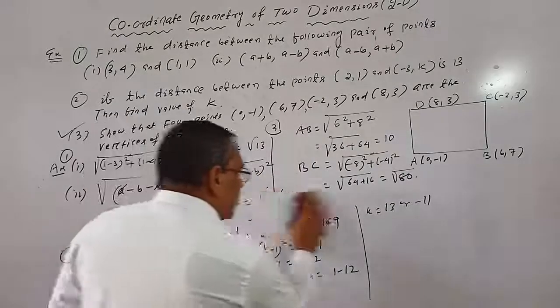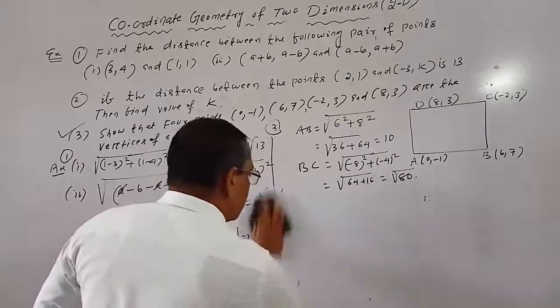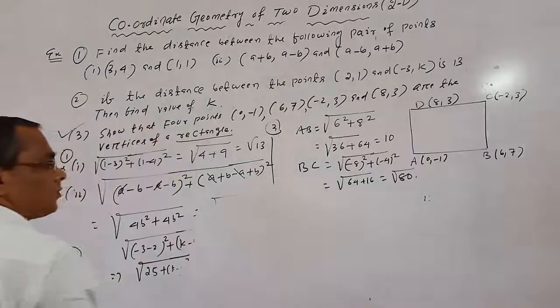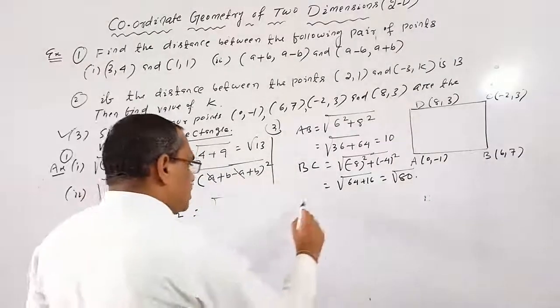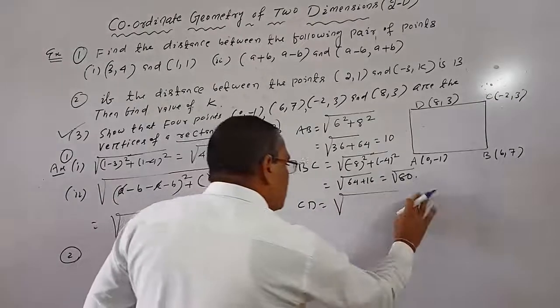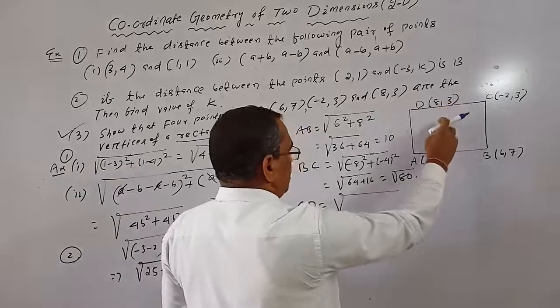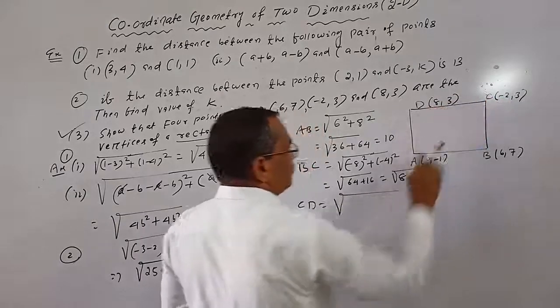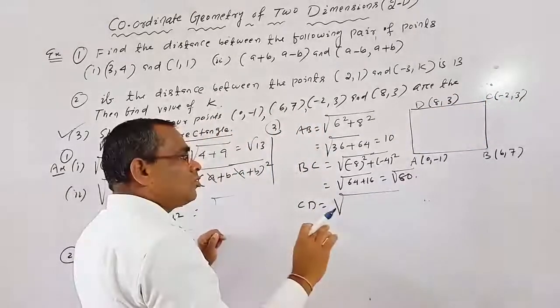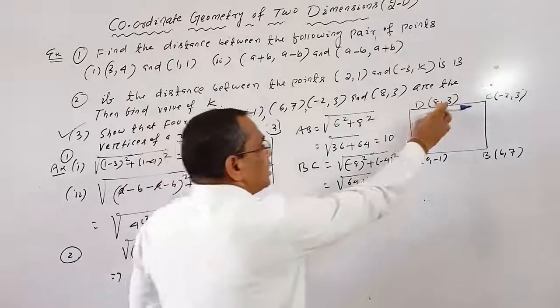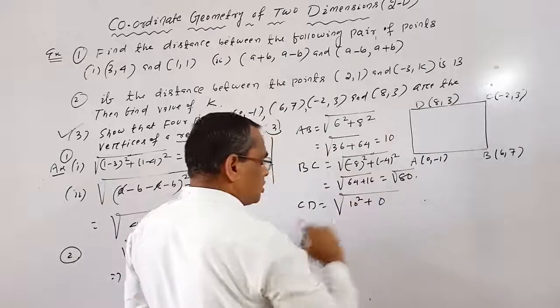Next, find out the length of another side. After AB and BC, then CD. So CD distance, x coordinate difference square, 8 minus 2 means 10. 10 square plus 3 minus 3 square, this is 0.